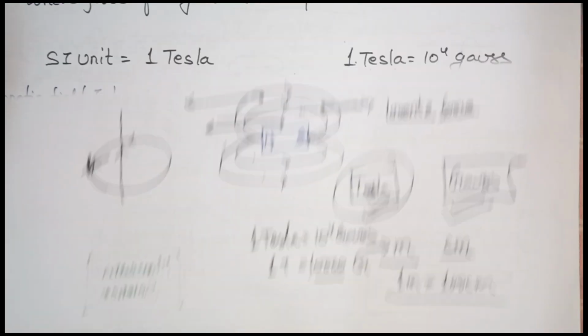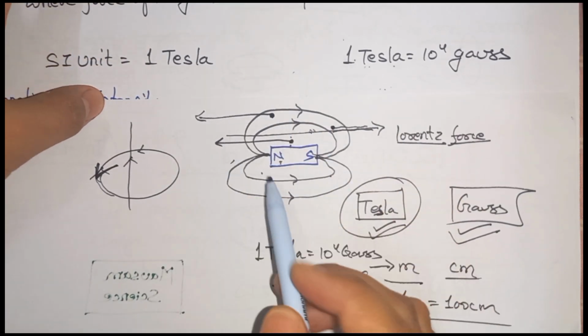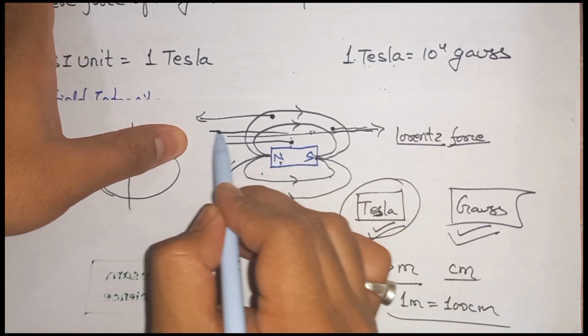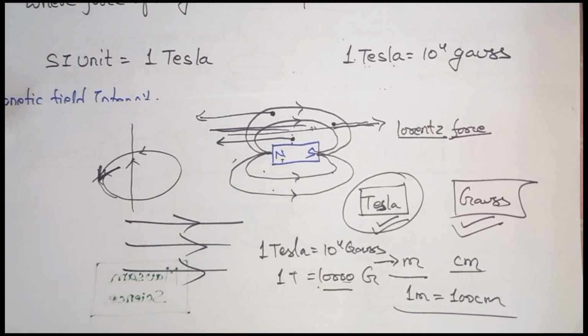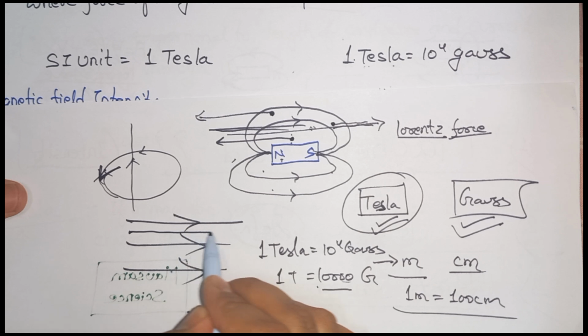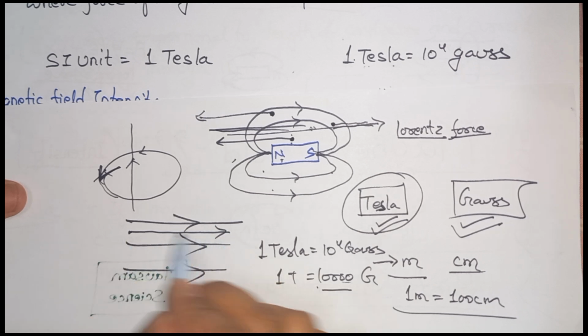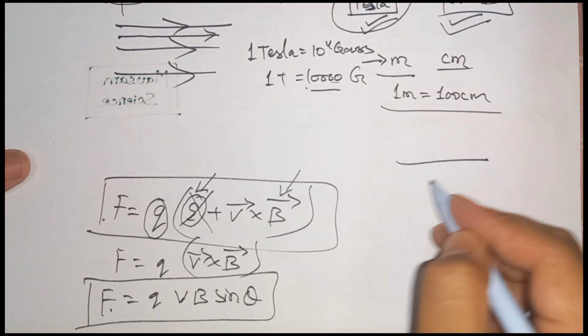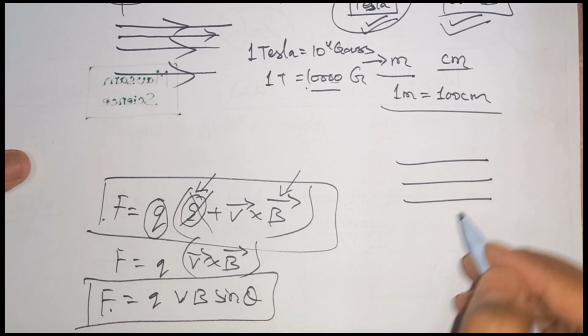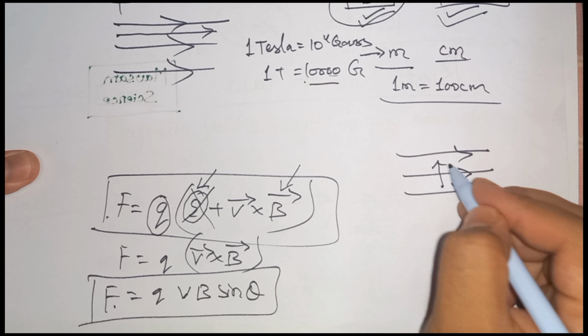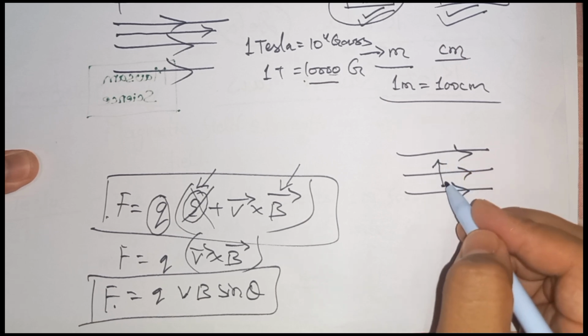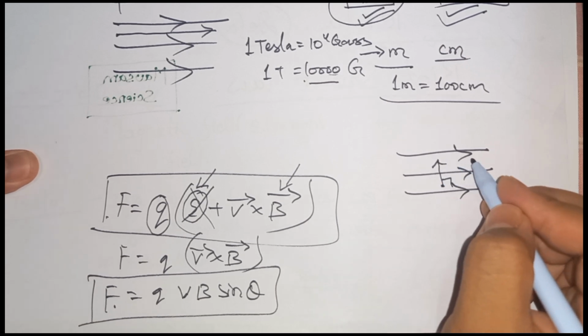Suppose this is a magnetic field, and a charge comes parallelly in the same direction, then it does not experience any force from the magnetic field. But if the magnetic field is in this direction and a charge goes in the perpendicular direction of the magnetic field, making 90 degrees, then it experiences a force.